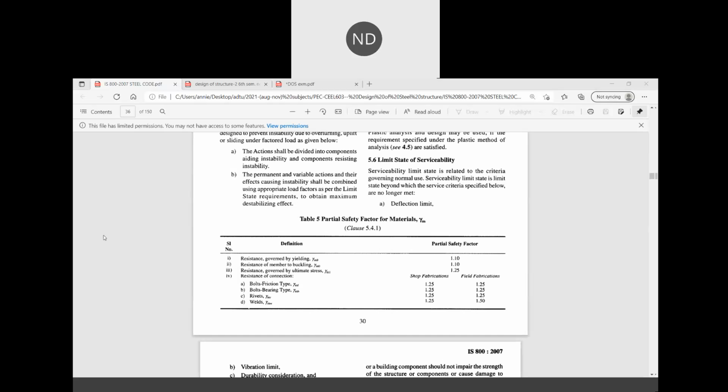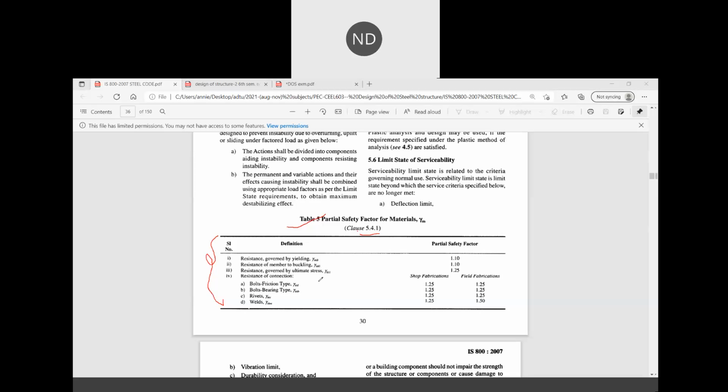You can see here table 5. All types of partial safety factors are mentioned in clause number 5.4, as per clause 5.4.1. The resistance governed by yielding is gamma MO. Gamma MO value is 1.10. Then resistance of member to buckling.